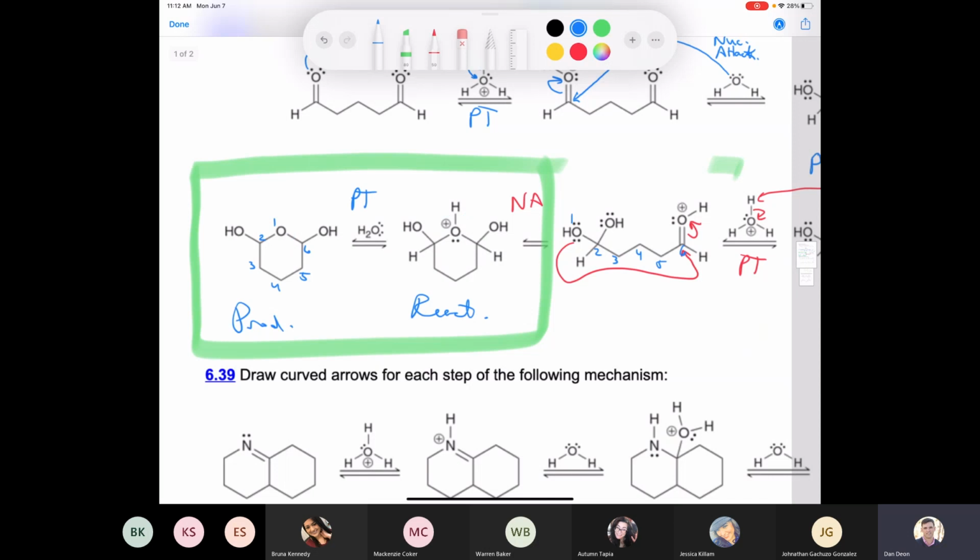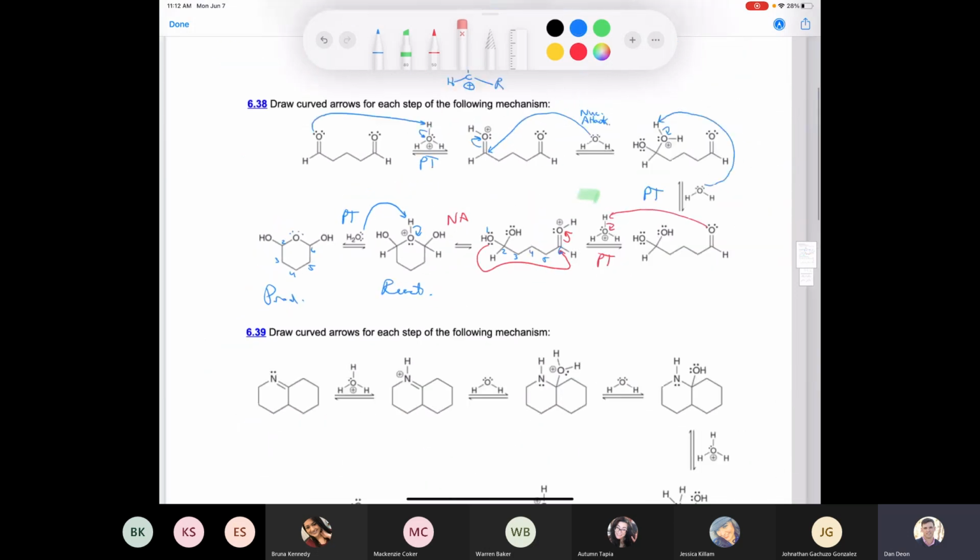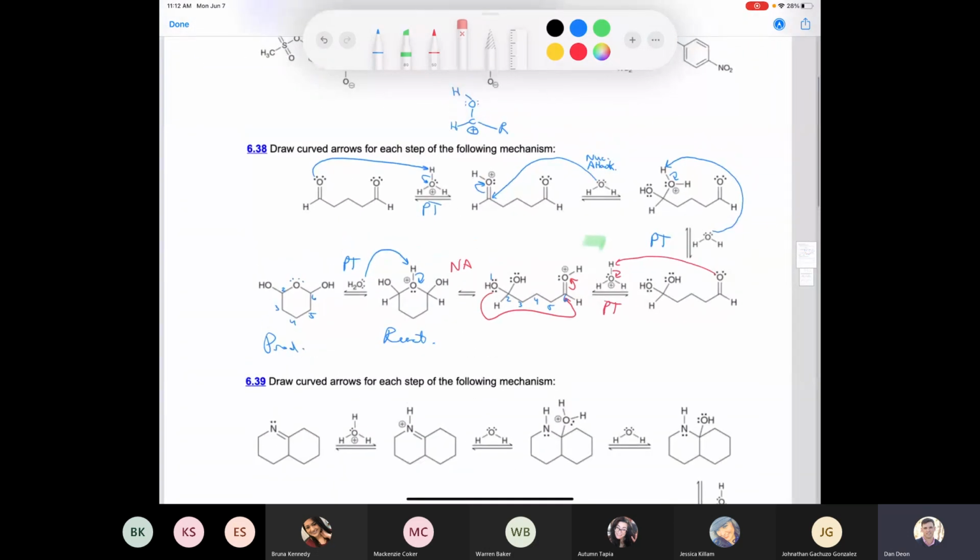The water is going to accept the proton and put the lone pair here, because your oxygen is going to end up with 4 electrons on it like that. So that's a proton transfer. If we look at the 30,000-foot view of what happened here, the first step was a proton transfer followed by a nucleophilic attack, another proton transfer, a nucleophilic attack, and then finally a proton transfer like that.